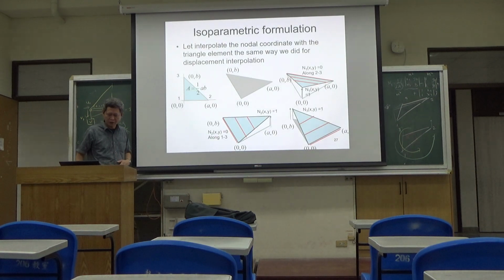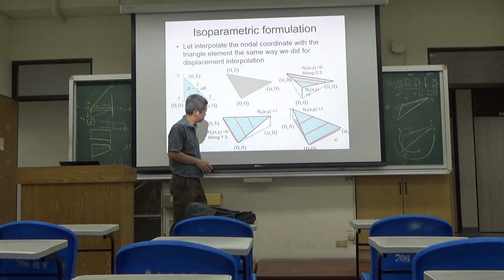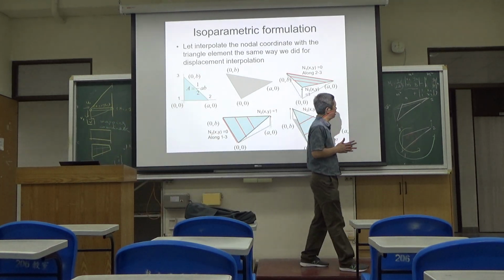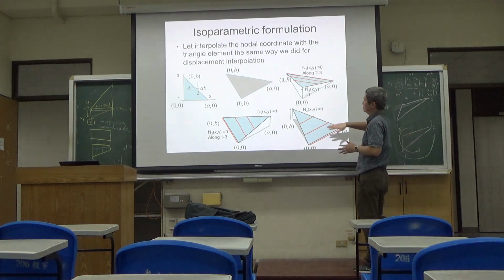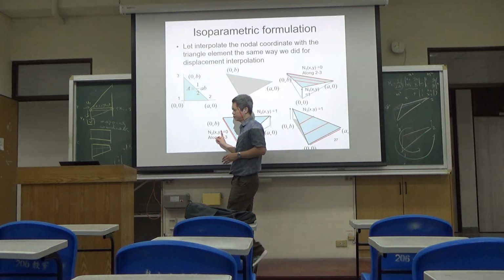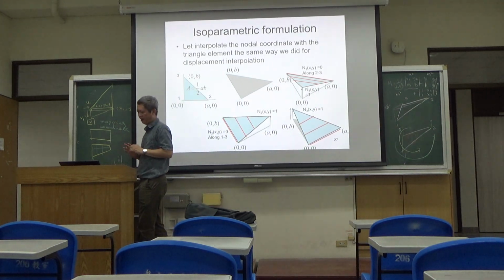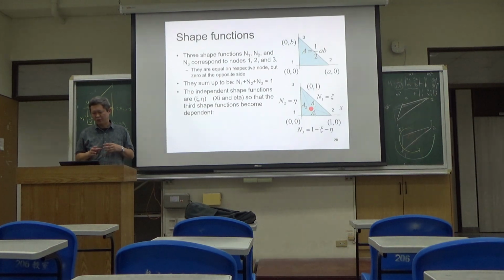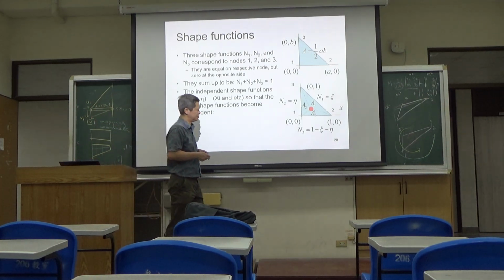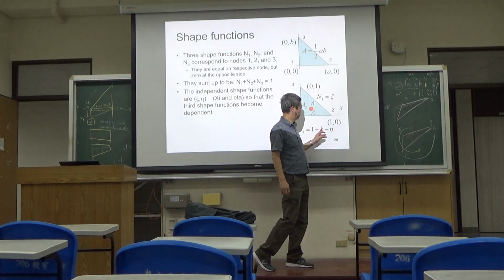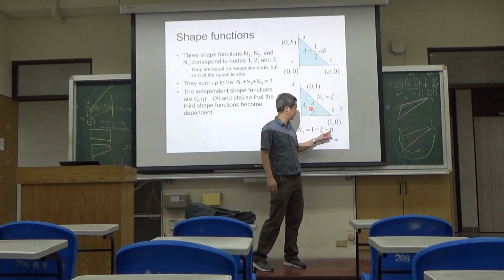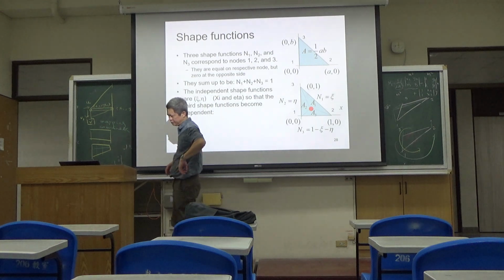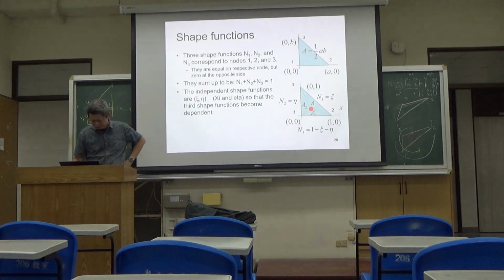Yeah. Okay, now let's come to the next part. Okay, we previously learned about shape functions in terms of coordinates x and y, that is, in terms of the absolute coordinate. But now we want to express the shape function in terms of another two coordinates, zeta and eta.